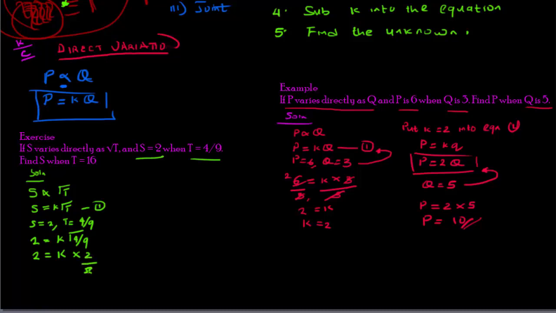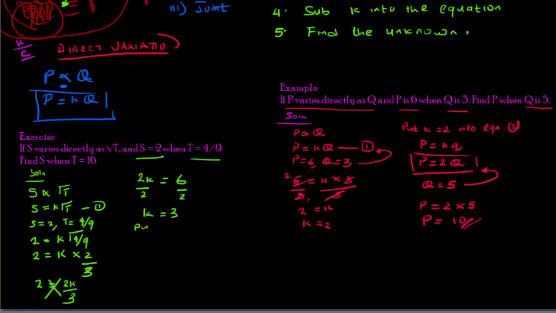So we have 2/3. So 2 = k times 2/3. So 2 = 2k/3. We cross multiply. 2 times 3 is 6, 2k times 1 is 2k. So 2k = 6. Divide both sides by 2. k = 3.